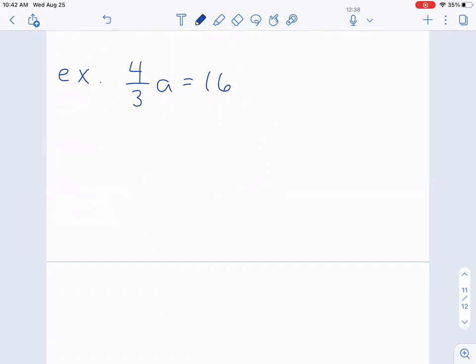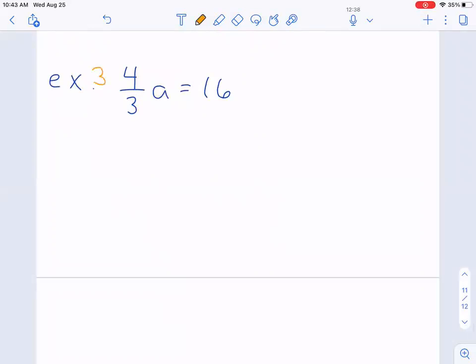All right, remember, when we have a coefficient, that's just a fancy word for the number in front, we multiply by the reciprocal, which is just a fancy word for flip it over. So I'm going to take the 4/3 and flip it over, and I'm going to multiply both sides by 3/4.